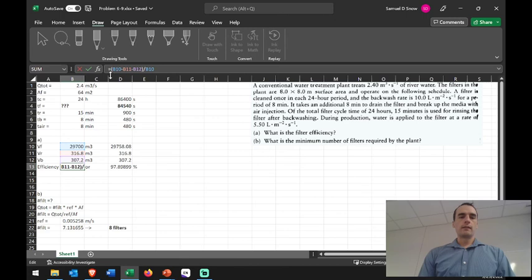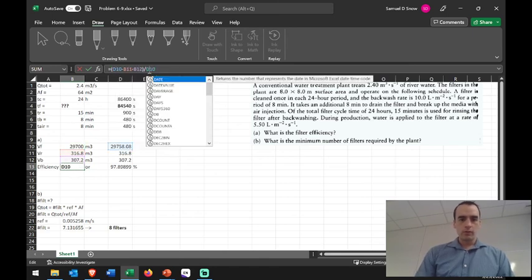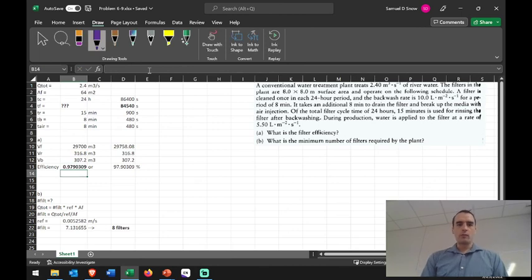In this case, I'll update the accuracy a little and say, instead of B10, we'll use D here. It's even a little more precise, so 0.979 or 97.9%, which is in line with what we talked about. It should be obviously less than 100% efficient, but not too far off, given that we produce a lot of water.